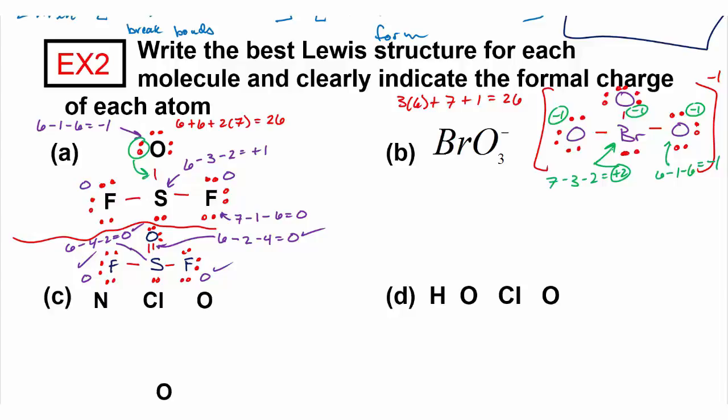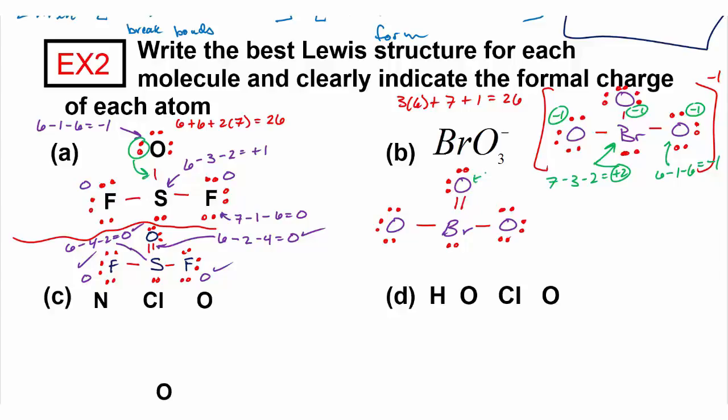However, can I get all zeros and maybe 1 negative 1? Can I reduce? Let's copy what we have. So I'm just going to copy this structure and see what my choices are. So this is our structure. What if I took some of these lone electrons and moved them in there? What would happen?